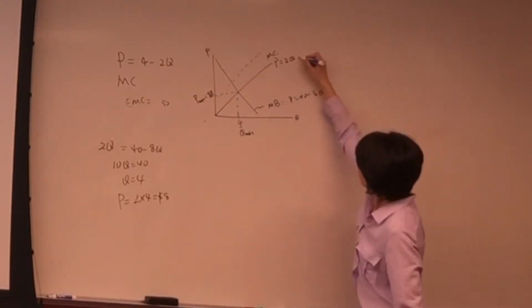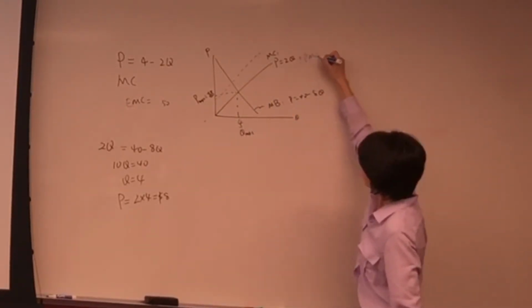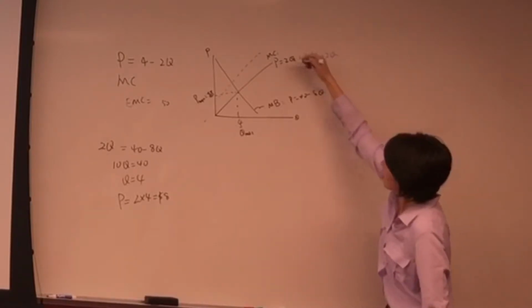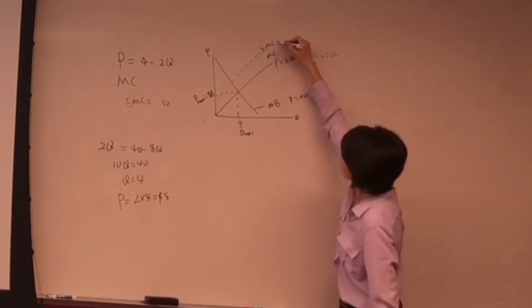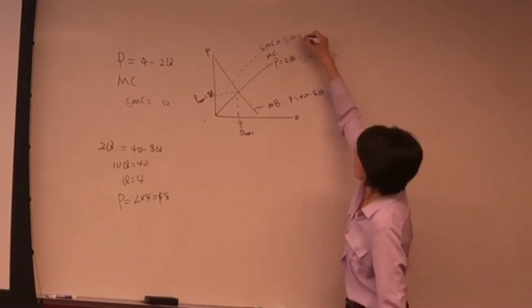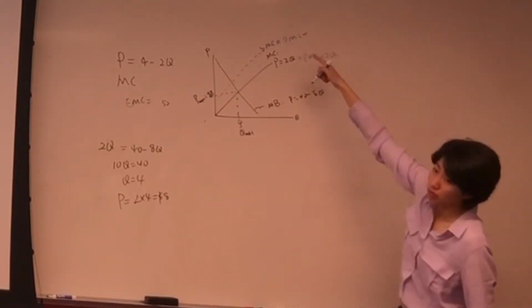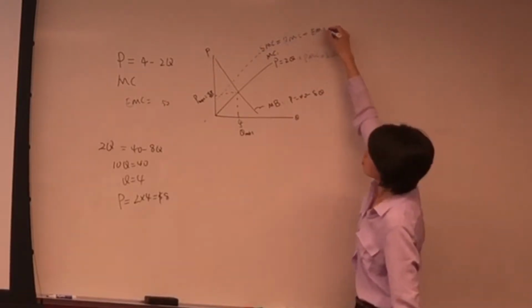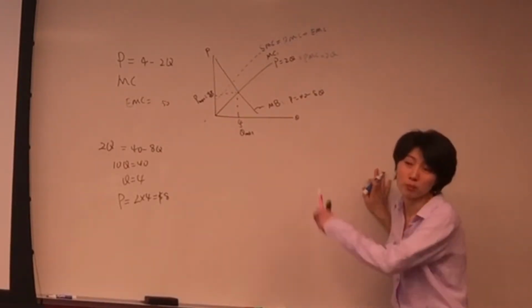This is our private marginal cost, 2Q, and social marginal cost equals private marginal cost plus external marginal cost. That's the equation we learned last class.